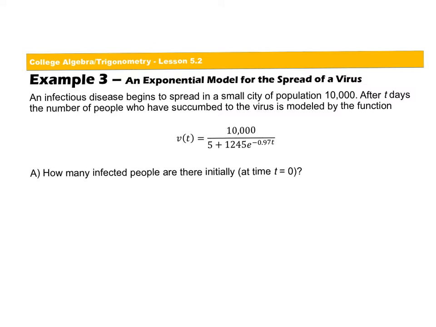Okay, so here you guys have an equation. It's a word problem, but it says an infectious disease begins to spread in a small city with a population of 10,000, blah, blah, blah. Here is the equation. They want to know how many people are infected after the time 0. So what do they want me to plug in? 0.